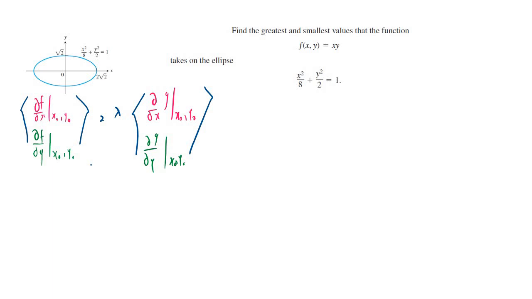We have f(x, y) equal to xy. If we take the partial derivative of f with respect to x, we get y, and the partial derivative of f with respect to y gives x.